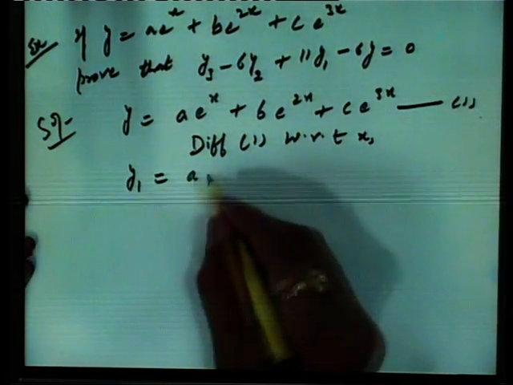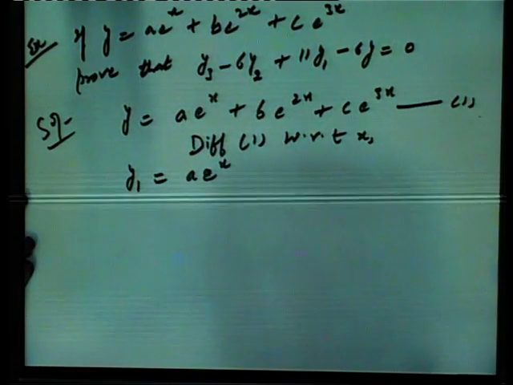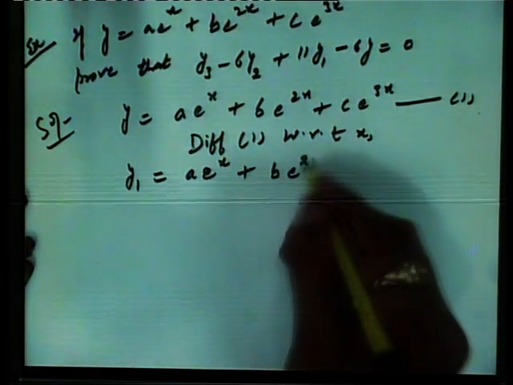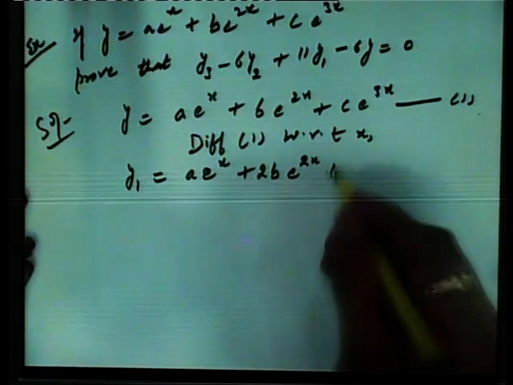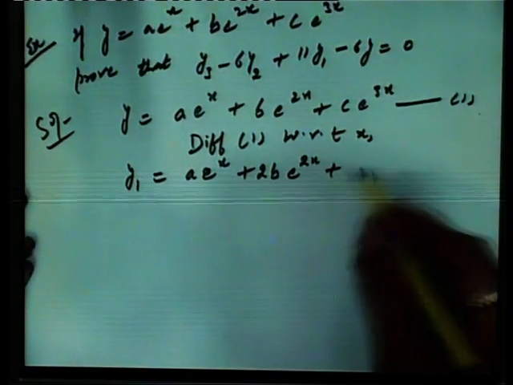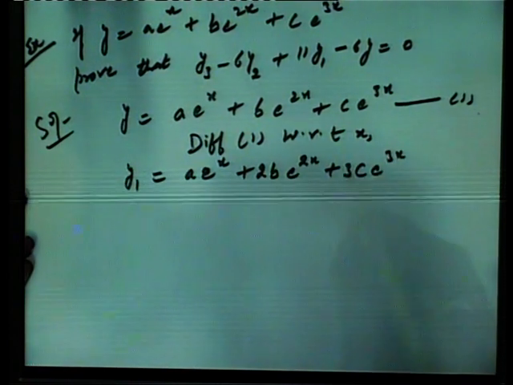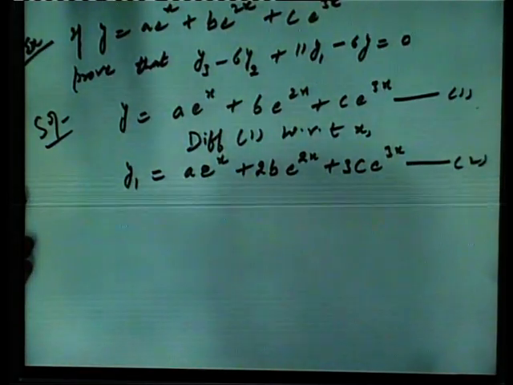Differentiation of a e power x is a e power x, because a is constant and the differentiation of e power x is e power x, plus b e power 2x, because the differentiation of e power 2x is e power 2x into 2, plus c into the differentiation of e to the power 3x, which is e to the power 3x into 3. So, you make it equation number 2.